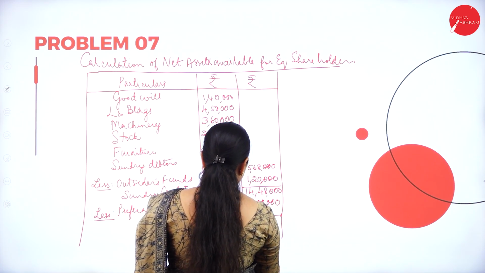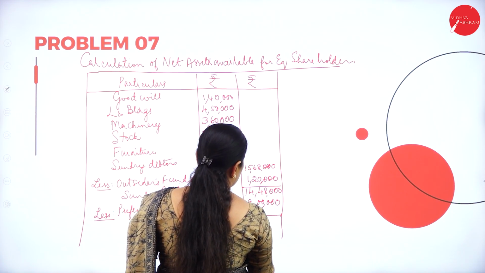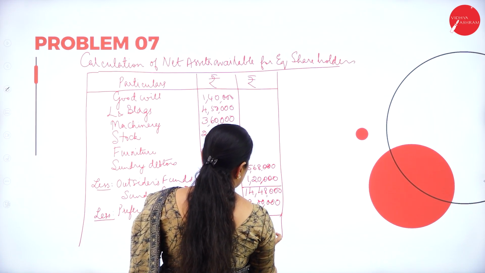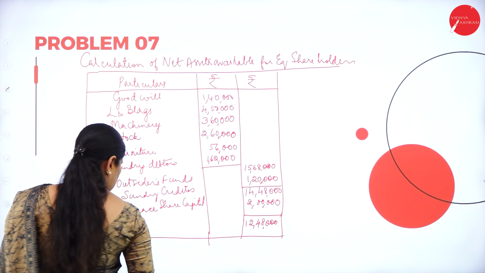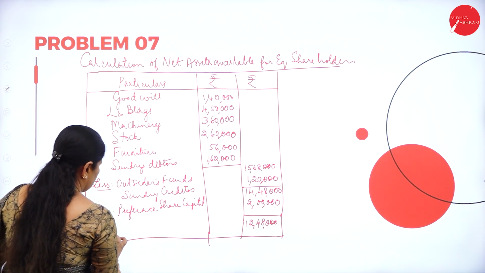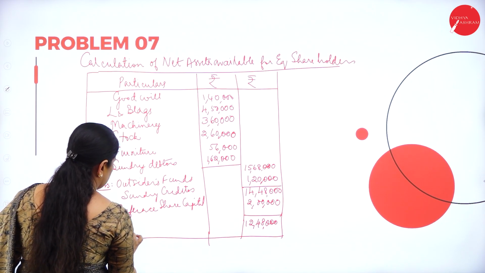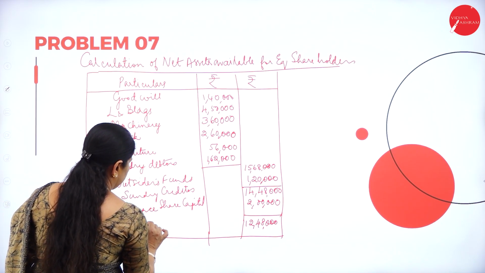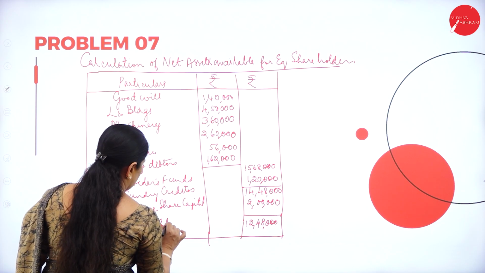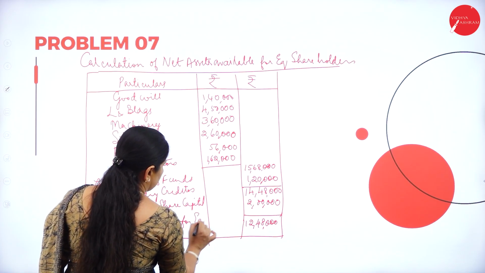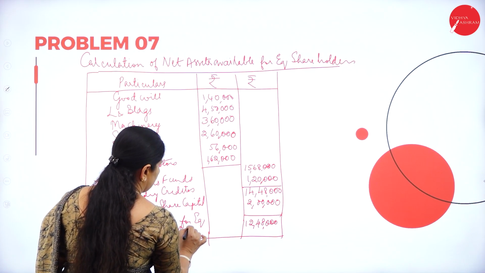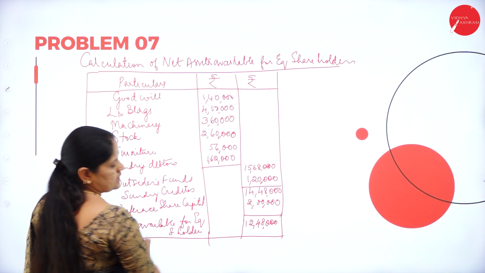So, I get the answer as 12,48,000. So, this is the net assets available for equity shareholders.